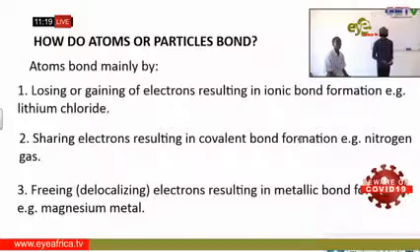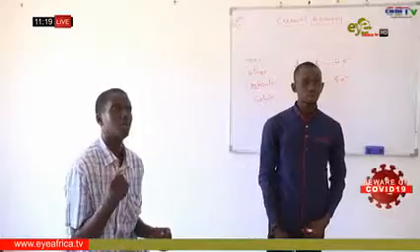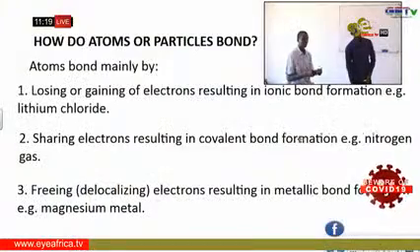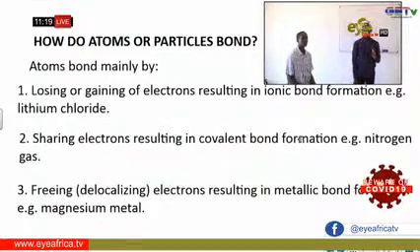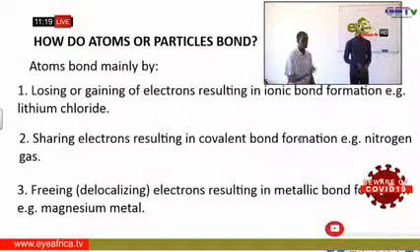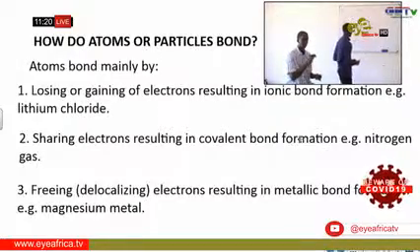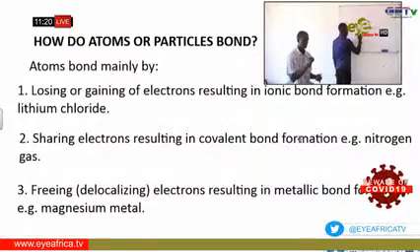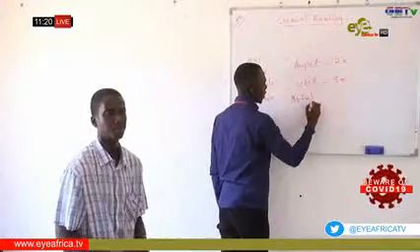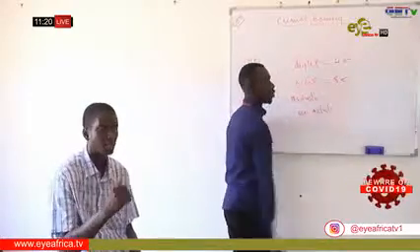Now again, we have, how do atoms bond? We need to understand how atoms or particles bond. That is, atoms bond mainly by losing or gaining of electrons, resulting in ionic bond formation. Losing or gaining. That is, we have metals and also non-metals.